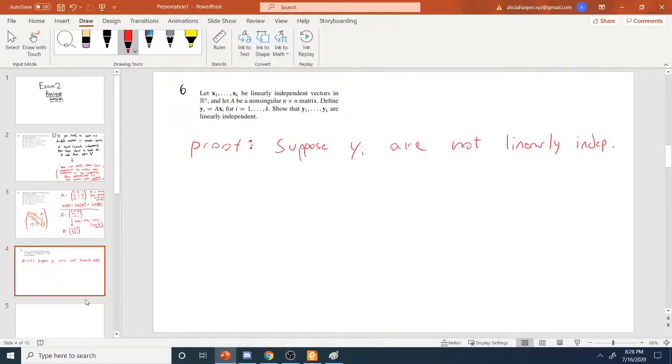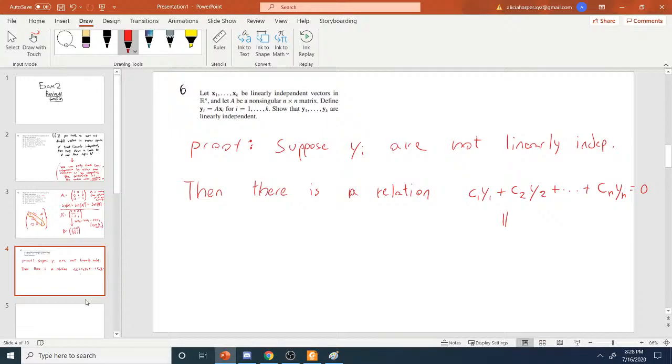Then if they're not linearly independent, there is a relation c1 times y1 plus c2 times y2 plus and so on, up to ck times yk, equal to 0.